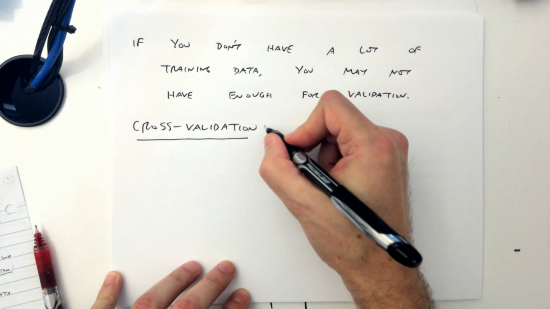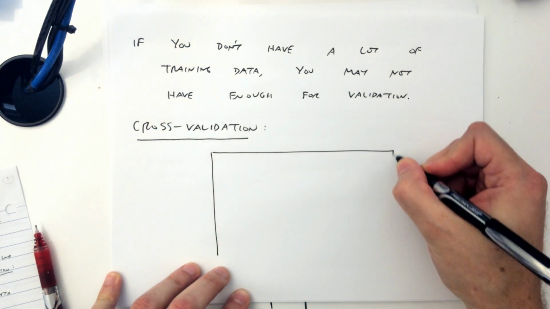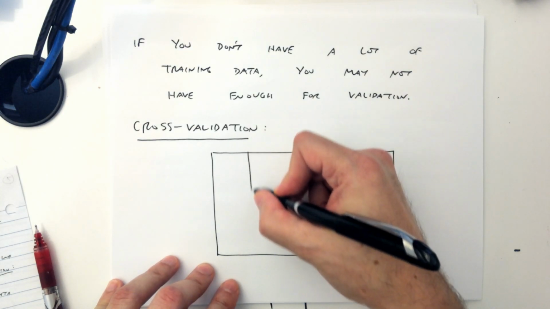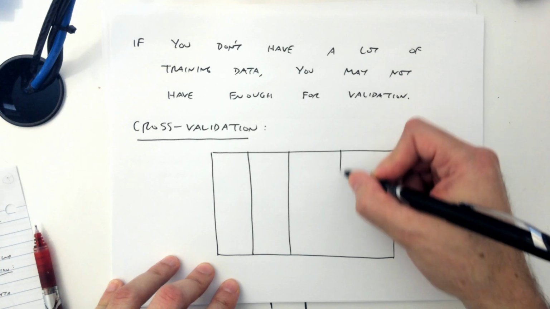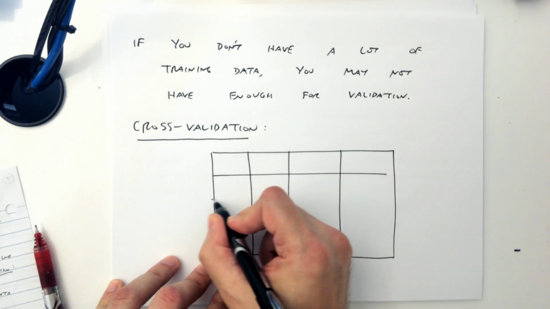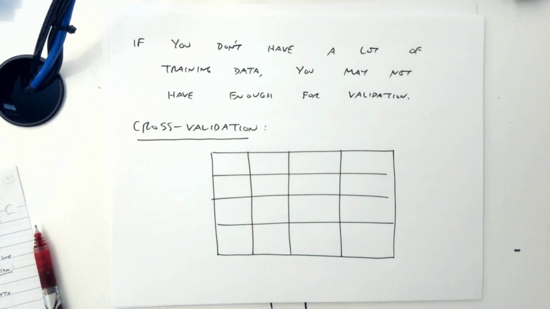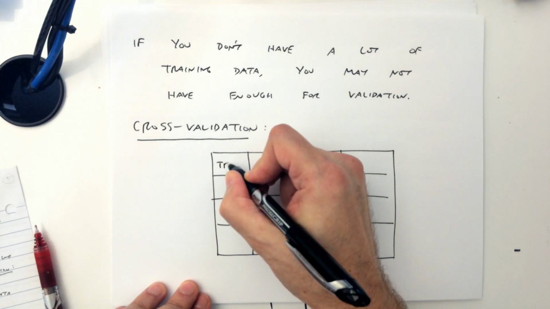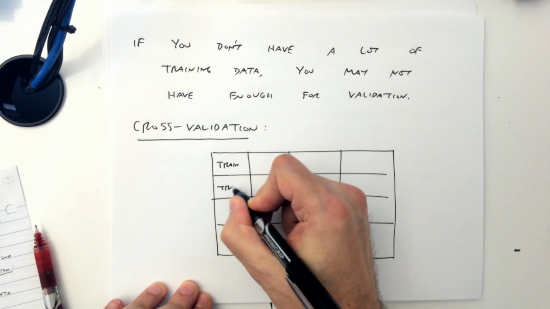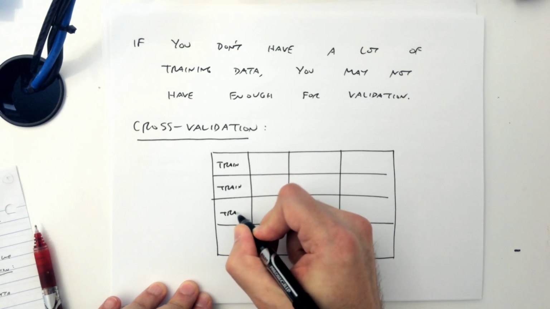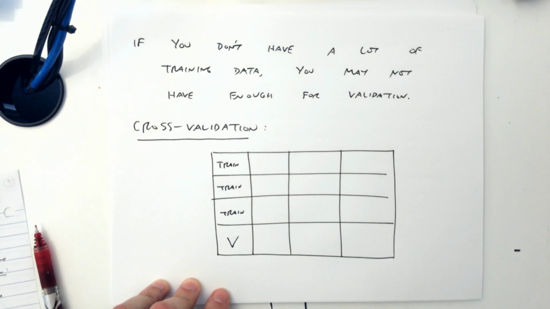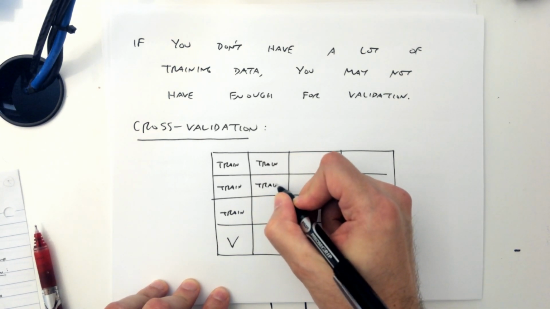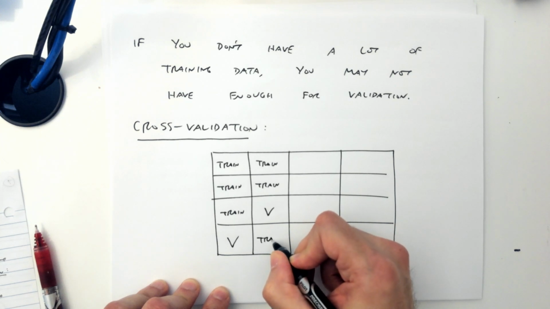The idea is that I take my training data and split it up into pieces. For this experiment, I'm going to use this part to train and validate on this piece. Then I do the same experiment, but rearrange where I put the validation part.